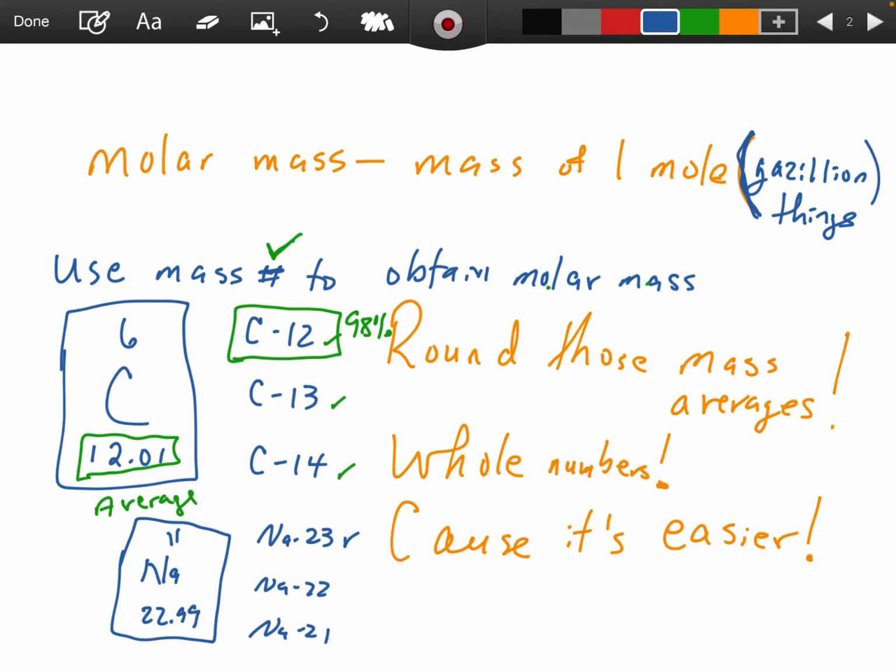So if we were using sodium, we would just round that to 23. So you can round the mass average. And that is also the mass of 1 mole. So if you had 1 mole of carbon atoms, which is 6.02 times 10 to the 23rd, that would have a mass of 12 grams.